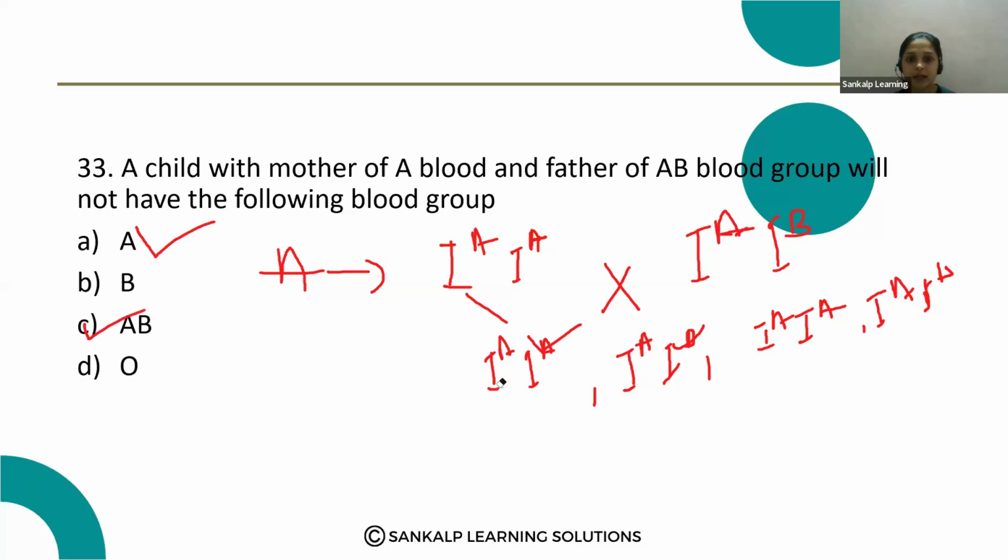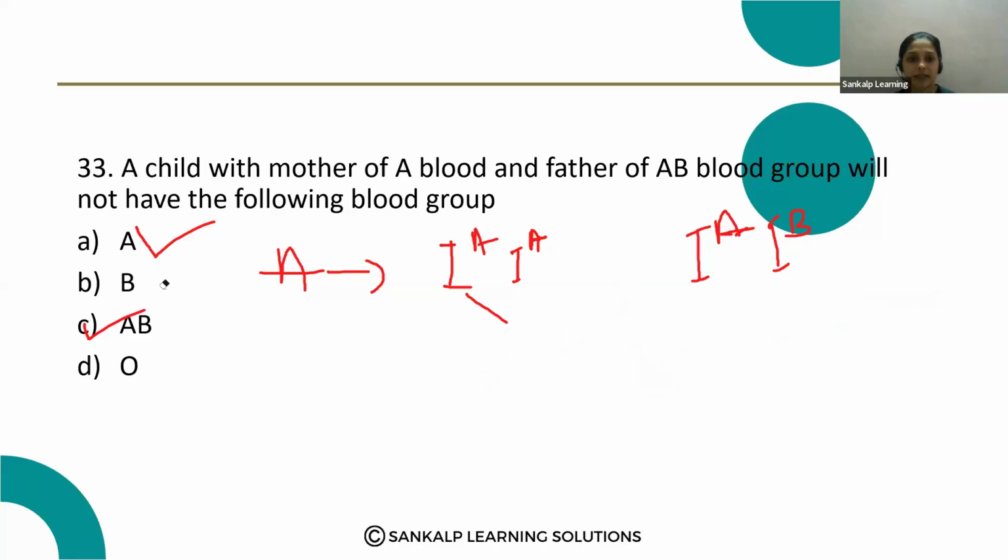Then take the mother as the heterozygous condition, that is IA and small i.